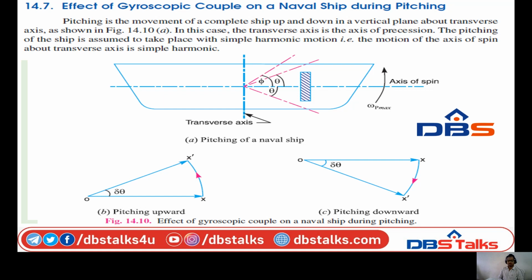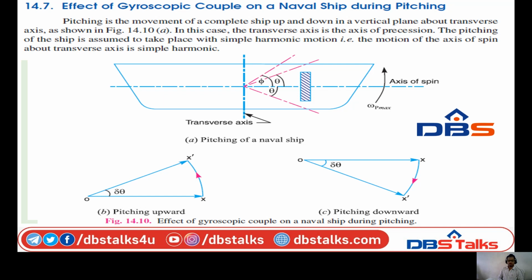The angular velocity of precession, omega p, is equal to the change of angle, d theta by dt, where theta is equal to phi into sine omega 1 t. Differentiating, we get phi into d by dt of sine omega 1 t, that is phi omega 1 cos omega 1 t.